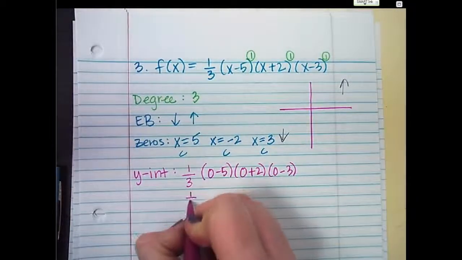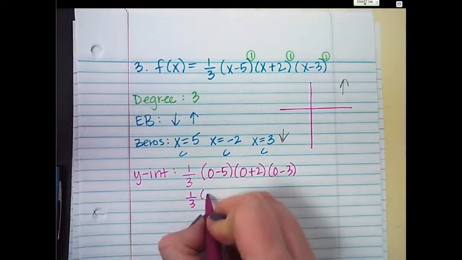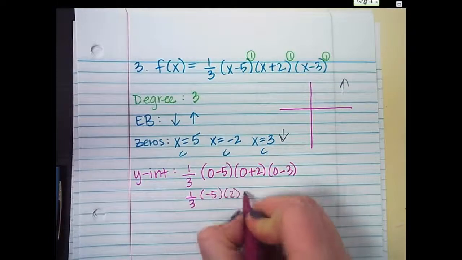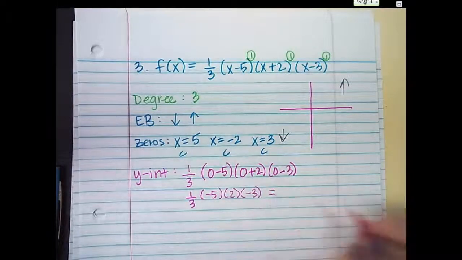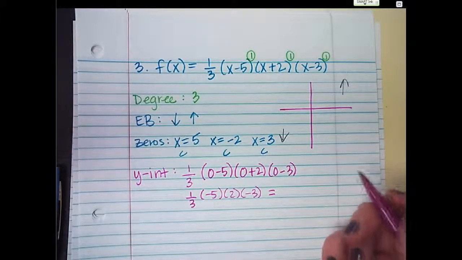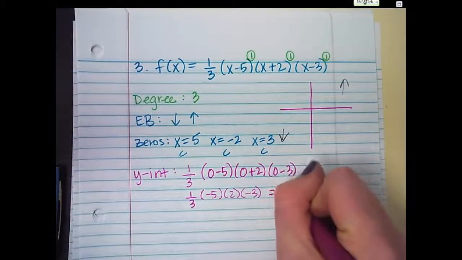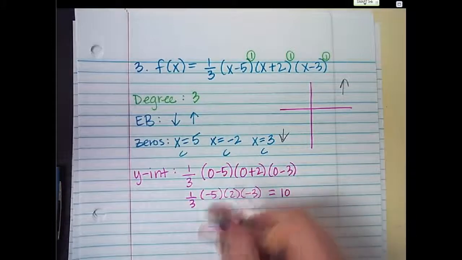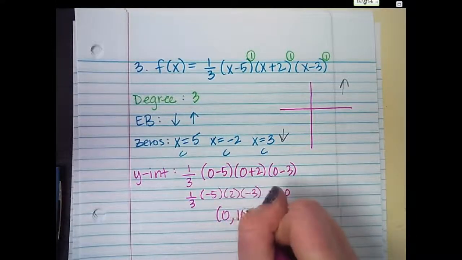So let's see, we've got 1/3 times -5 times 2 times -3, which is +10. So 0, 10.